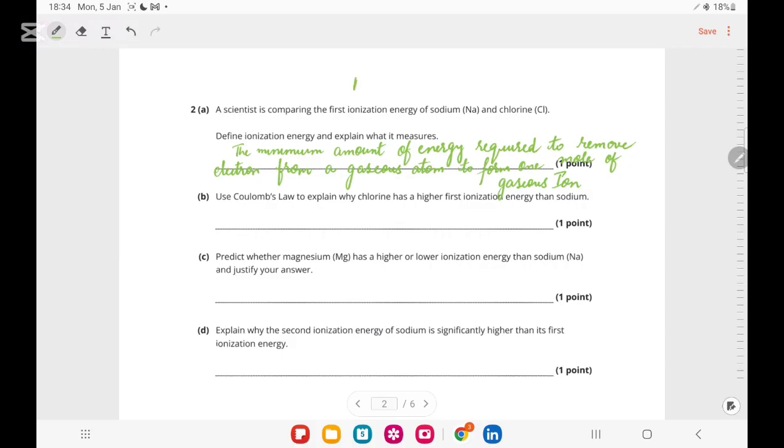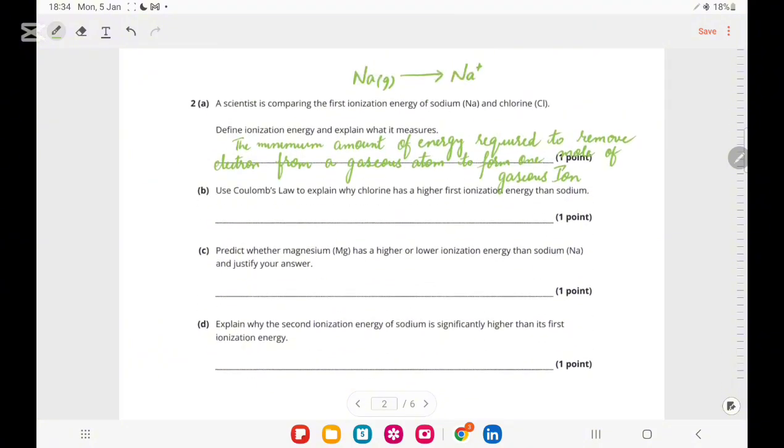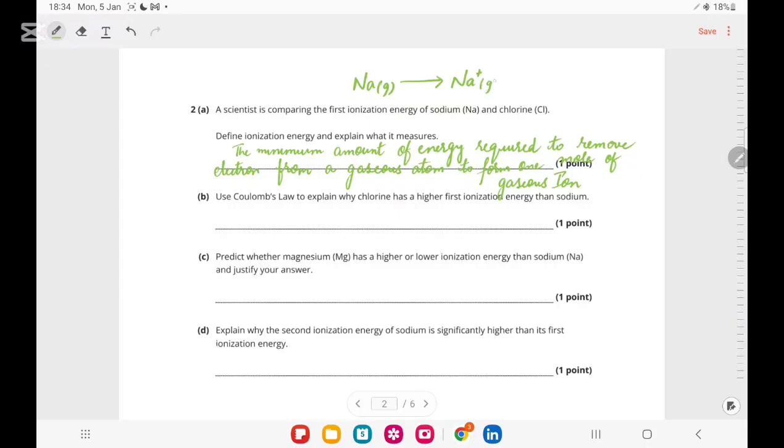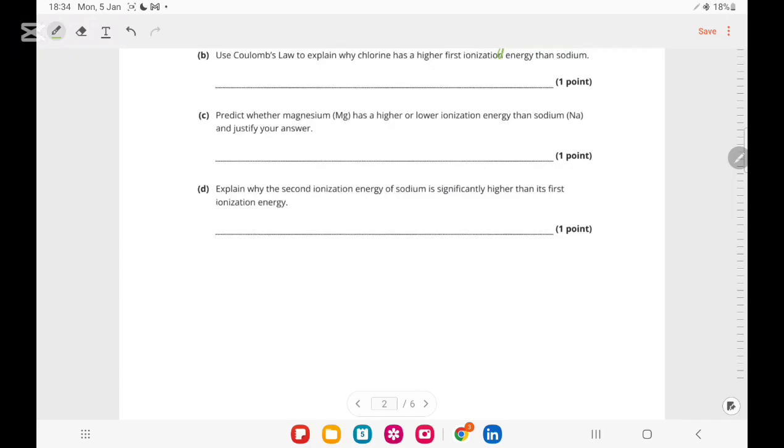You can see we have sodium. It should be in gaseous form, and when an electron is removed from it, it is going to form 1 mole of gaseous ion and 1 mole of electrons.